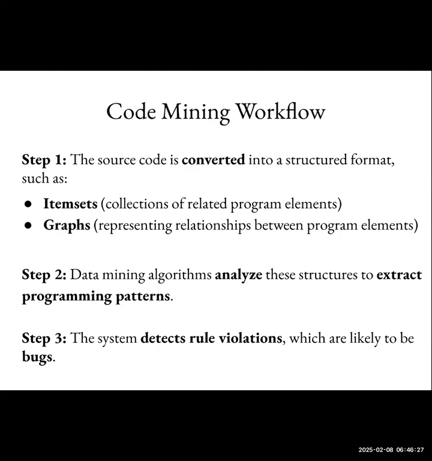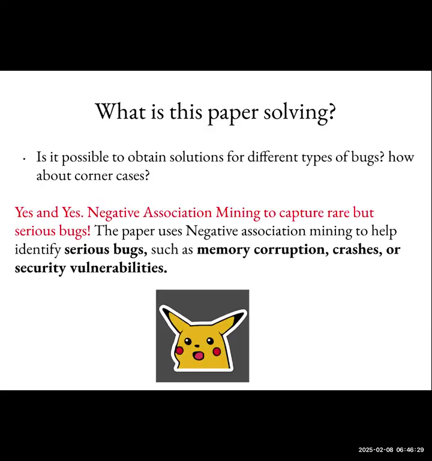Coming back to the second question: is it possible to obtain solutions for different types of bugs, and how about corner cases? Firstly, yes, it is possible, because this solution relies on data mining, which does not require you to have knowledge of all the vulnerabilities.